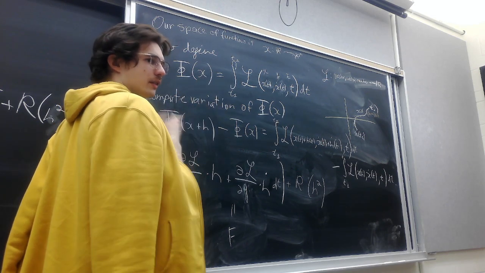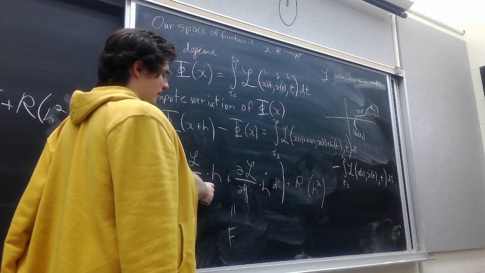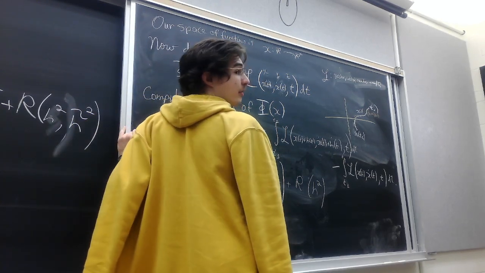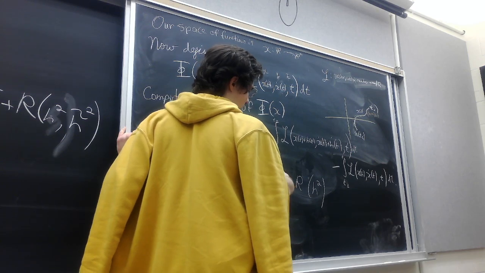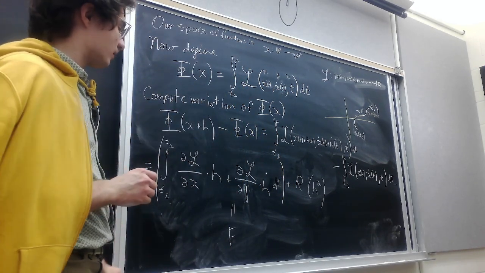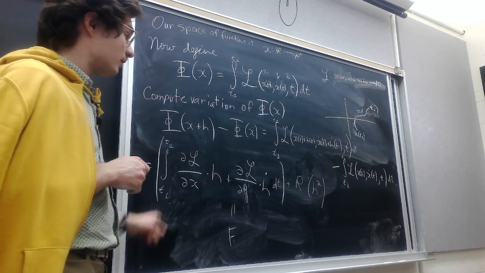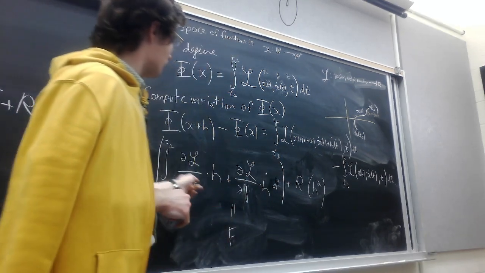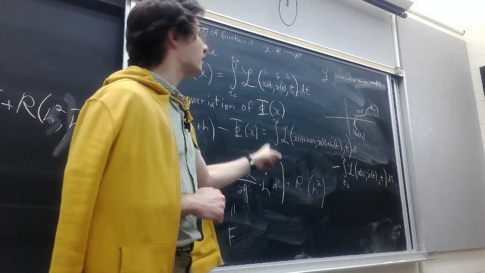Multiplying by h is always linear. Multiplying by the derivative of h is also always linear because taking the derivative of h is linear, and then adding something to h is also linear. So this is indeed the linear approximation that we were searching for for this kind of functional.